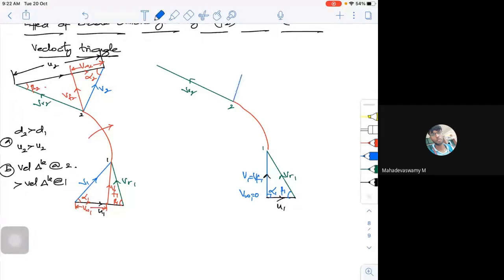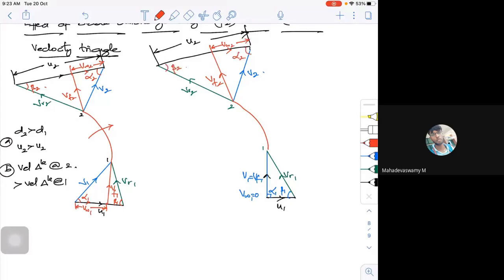This is my beta 2, V2, and this is my U2. And I have different conditions there. So you have your VF2, that is your flow, and this is your VW2, this is your alpha 2, this is your beta. I have the same velocity transfer.